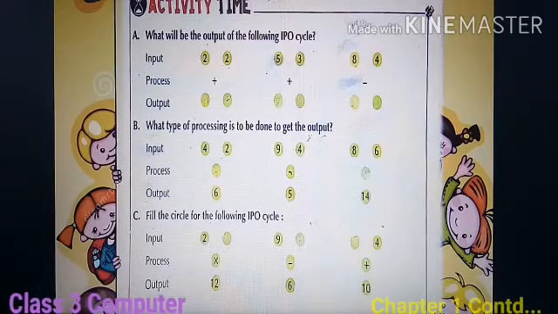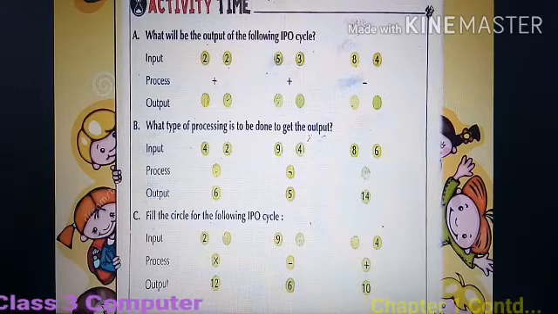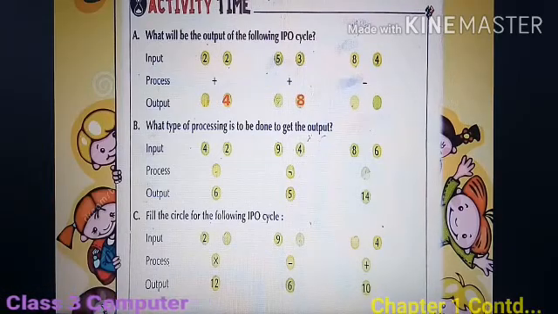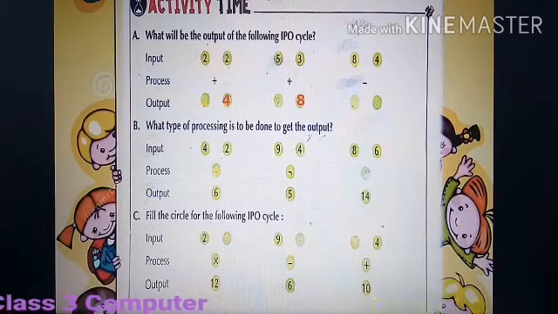Then what will be the output when we add 2 plus 2? Yes, that is 4. Then what will be the output in the second question? 5 plus 3. That is 8. In the third question, 8 minus 4. Yes, that is 4.